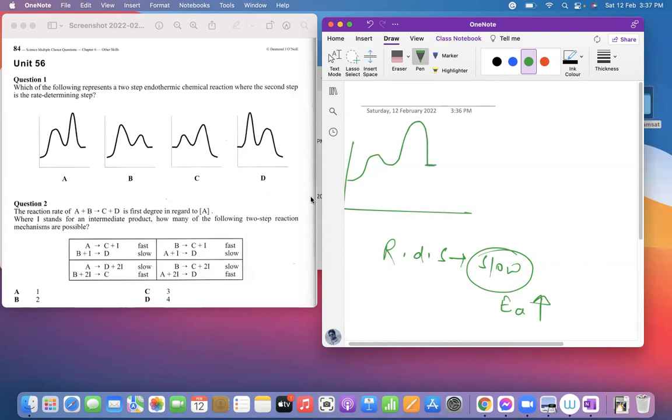If you look at graph A, you can see this is the activation energy of the first step, and this is the second step activation energy, which is much higher. So the second higher activation energy means the slow step, and this is endo. Any doubt, please tell me.